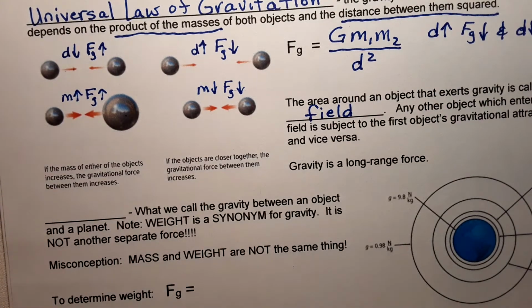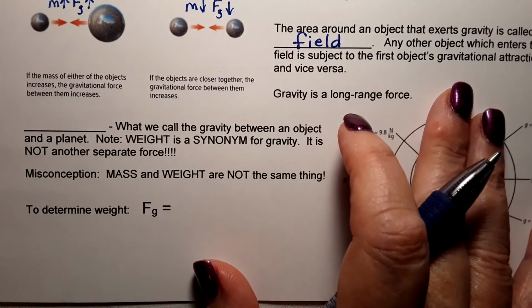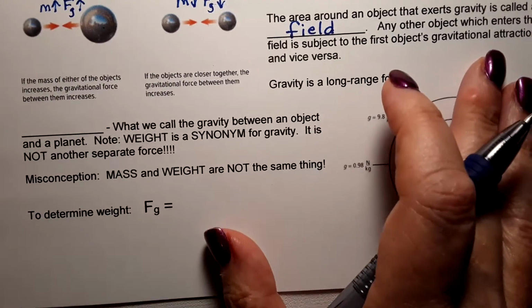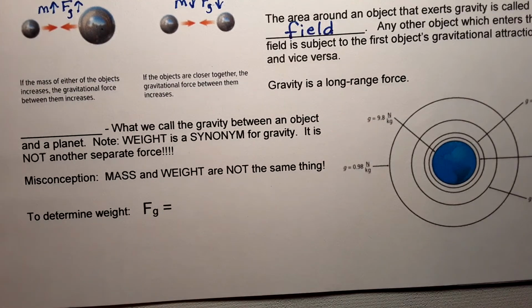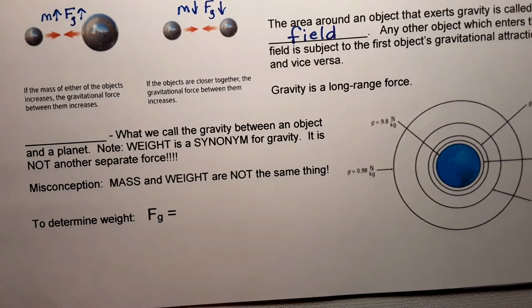Now, something else I'd like to talk to you about for a moment is how gravity affects objects on planets. When we talk about the gravity acting on an object from a planet, say your desk at home or your laptop here on Earth, it's affected by the Earth's gravity.